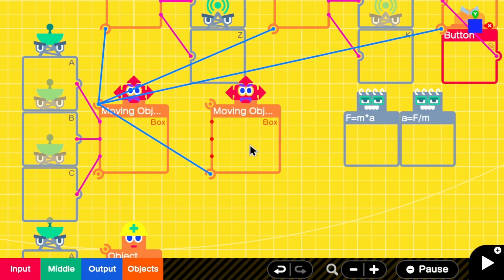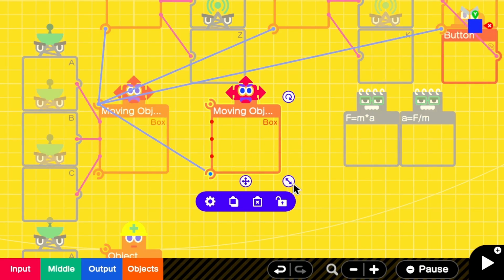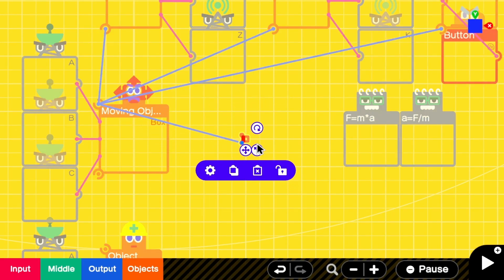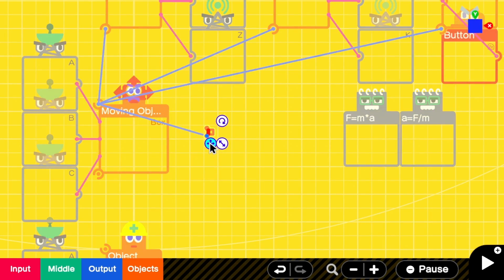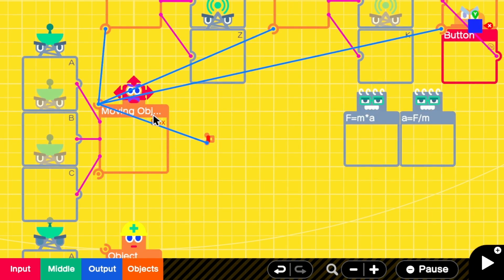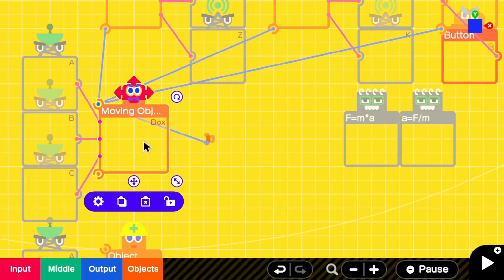If the mass of the second object is smaller, for example, let's imagine this small object has a mass of 0.5m. Then the force that's applied to the moving object is still the same. It's still the input times the mass of this object.